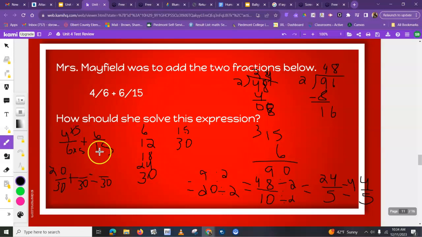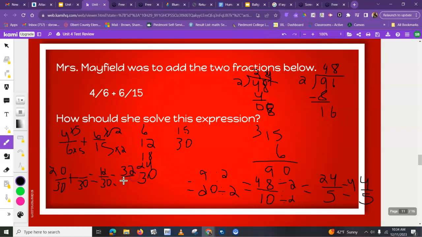And then what times 15 gives me 30? That's times 2, so I do times 2 up here, and that's going to give me 12. So I have 20 plus 12, that's going to give me 32, so it'll be 32 over 30.